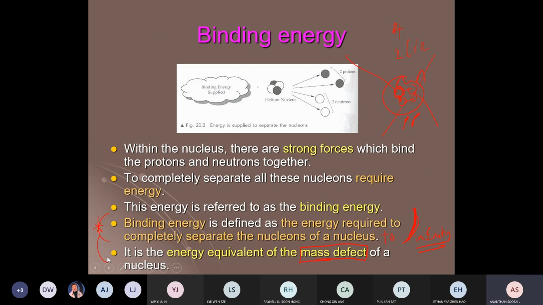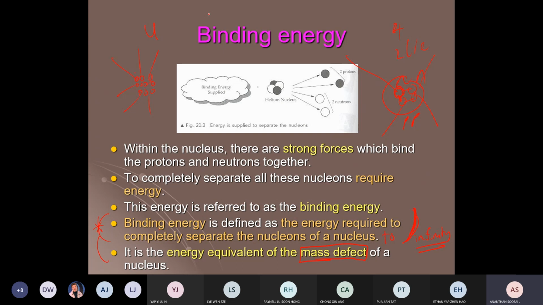Try to understand the last two points. What does binding energy mean? The amount of energy required to completely separate the nucleons of a nucleus. If the nucleus has more nucleons, like uranium, with a nucleon number over 200, then when you want to separate all of them to infinity, the binding energy will be greater.